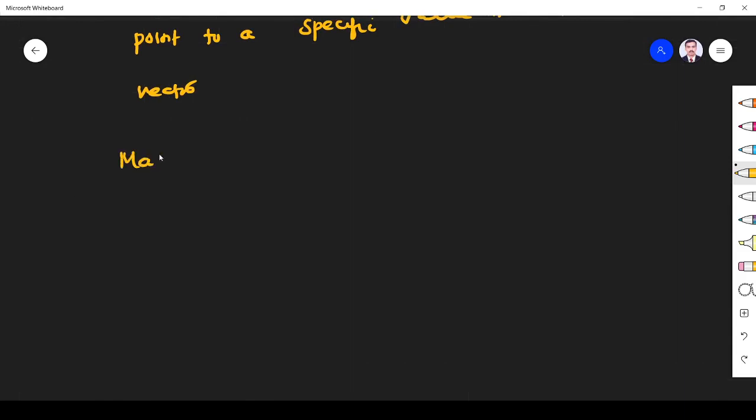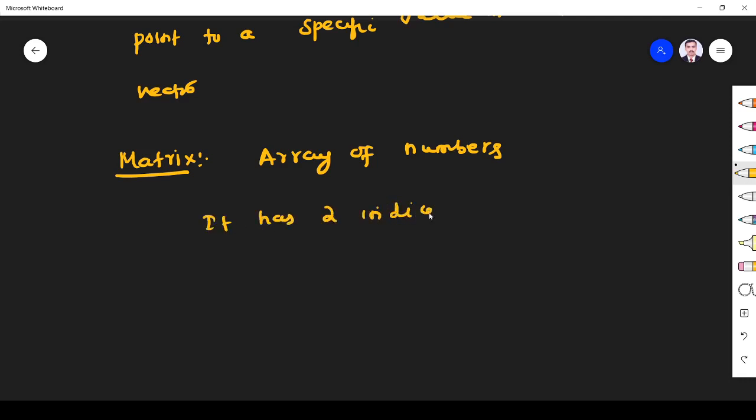Another term we must know is matrix. It is just an array of numbers. We are going to deal with all of these things in linear algebra. A matrix is an array of numbers and it has two indices. Let me define a matrix as 1, 2, 3, 4, 5, 6, 7, 8, 9.